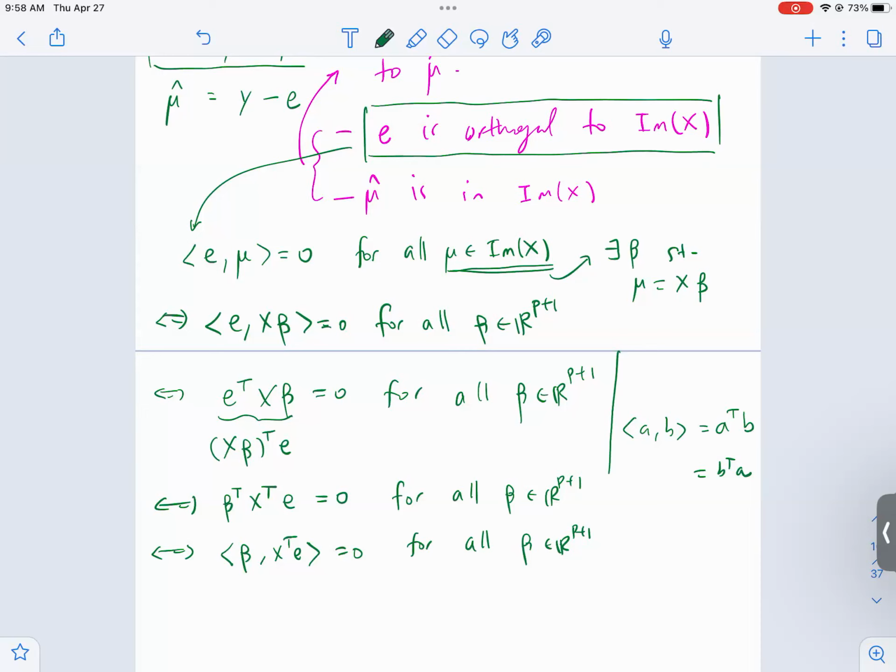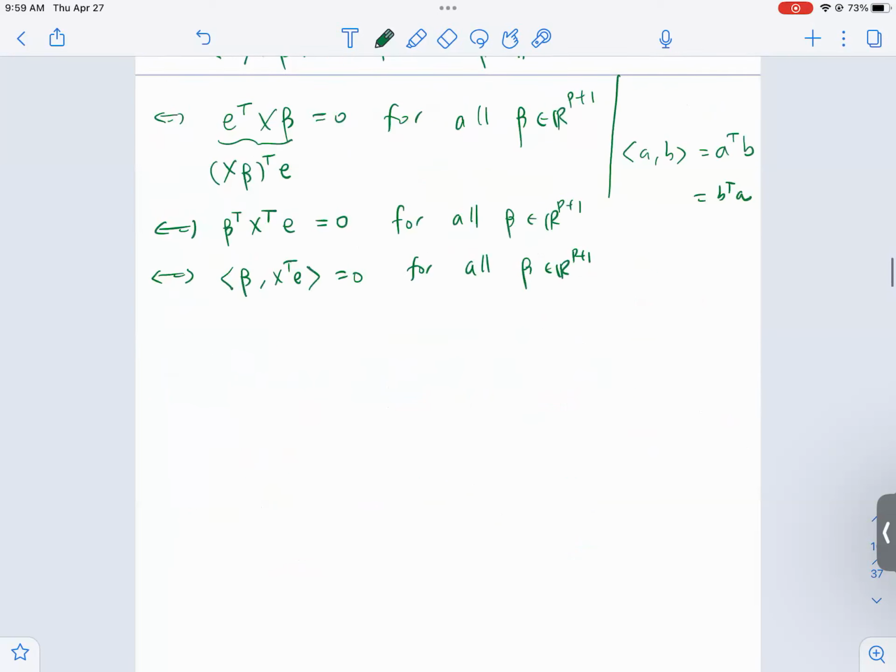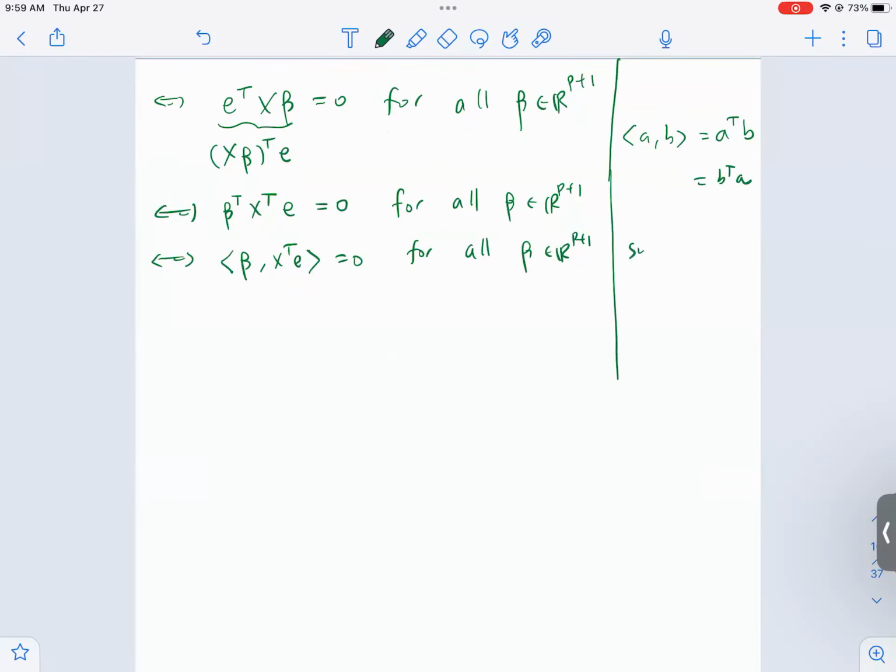What is a vector that's orthogonal to every other vector? Maybe think a little bit about this. Suppose A beta is 0 for all beta. What can we conclude about A?